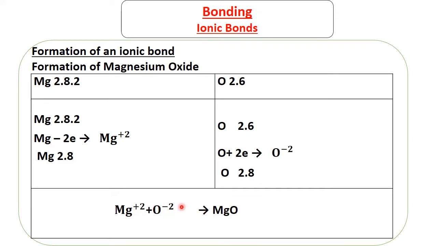So where has the 2 gone? So the balanced word equation, this is one atom and this is one atom, this is one atom and this is one atom. So this is a balanced chemical equation because the number of magnesium here and the number of magnesium here are the same as the number of oxygen atoms here and here.